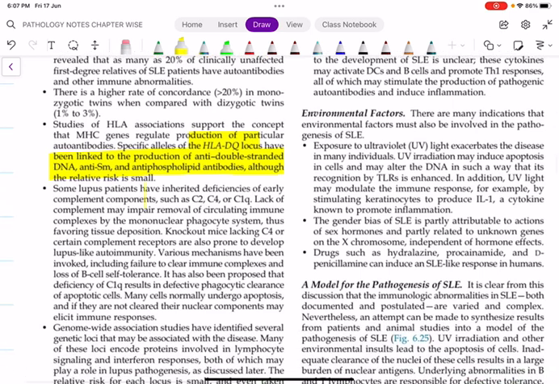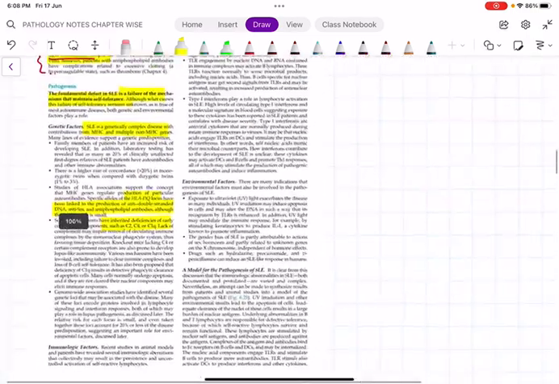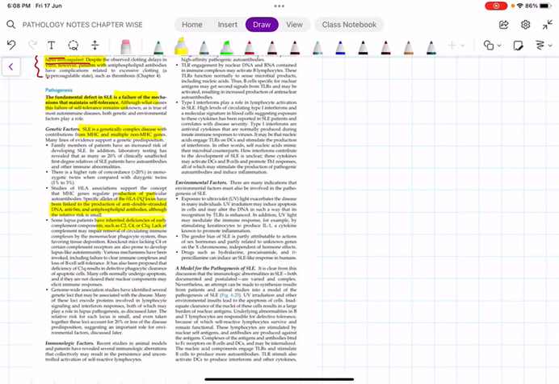Then some inherited deficiency of early complement components such as C2, C4 or C1q. C1 esterase inhibitor deficiency causes hereditary angioneurotic edema. Similarly, whenever C2, C4 or C1q complement components are deficient, they may also predispose to systemic lupus erythematosus.